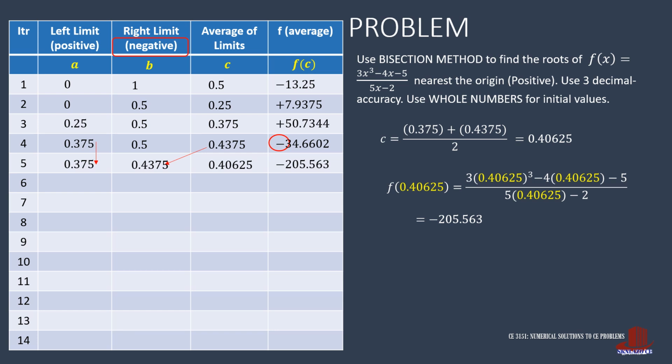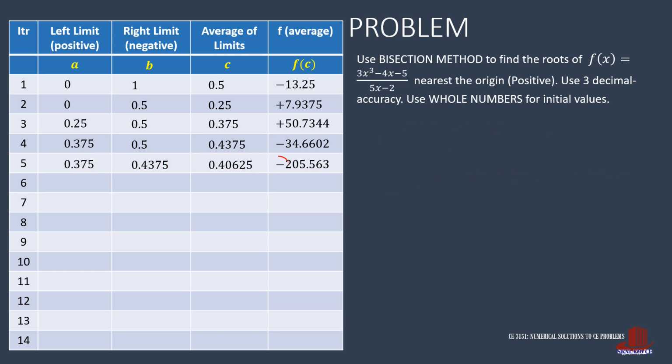205.563. The trend of f of c until this point isn't showing any closeness to the x-axis, but we try more attempts. With negative f of c, replace b with 0.40625, and a is still 0.375.